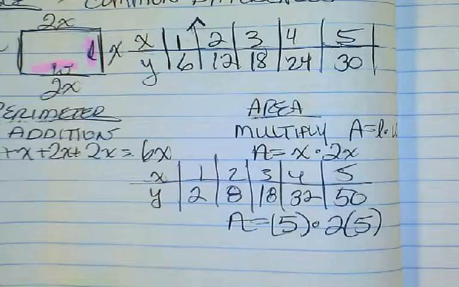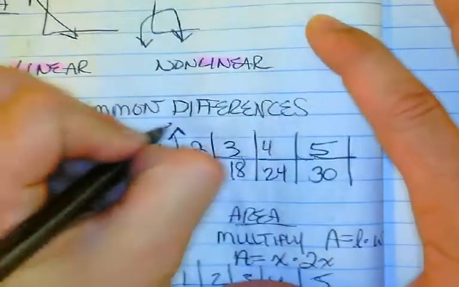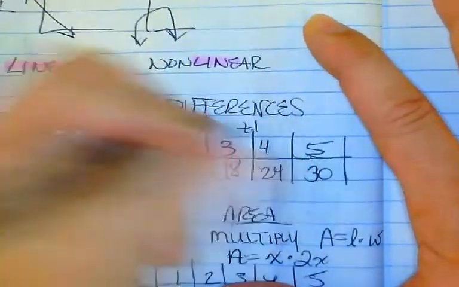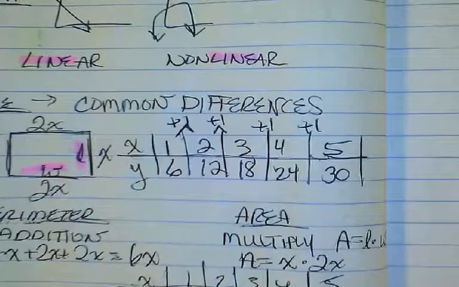Más 1 es la diferencia aquí. Y también aquí la diferencia es 1. Y es la palabra aquí, diferencia. ¿Ok? So aquí, this is más 1, más 1, más 1, más 1.